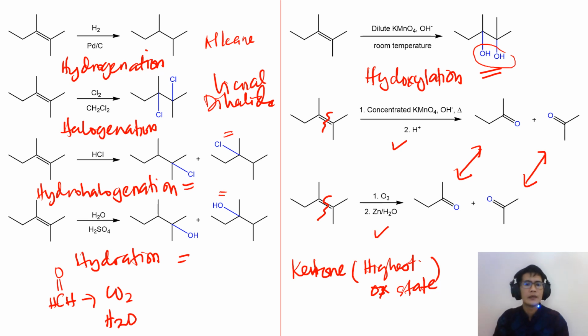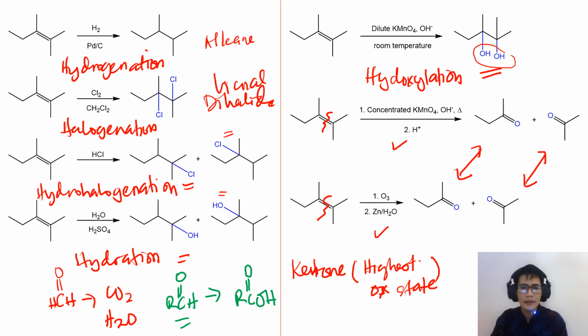All right, if you have the aldehyde, RC double bond OH, from the ozonolysis, then for the hot concentrated KMnO4, you will produce the carboxylic acid, because the aldehyde can undergo oxidation to form the carboxylic acid.